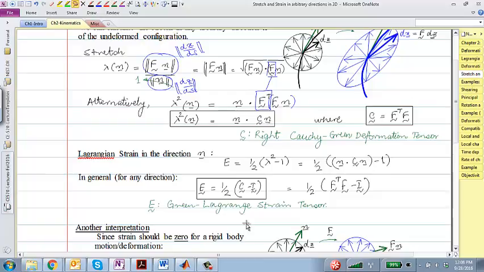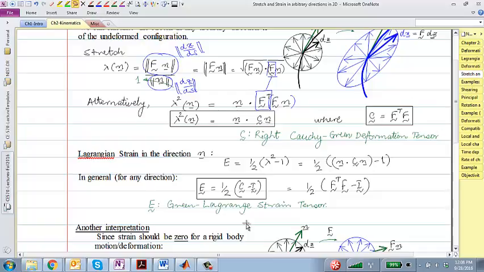We had a map. From the map, we defined F. That was a deformation gradient tensor field. Using F, we defined C. C was again a deformation tensor field, but it was symmetric. And I'll show you why it's important. And using C, we have now defined strain. So map, then F, then C, then E.